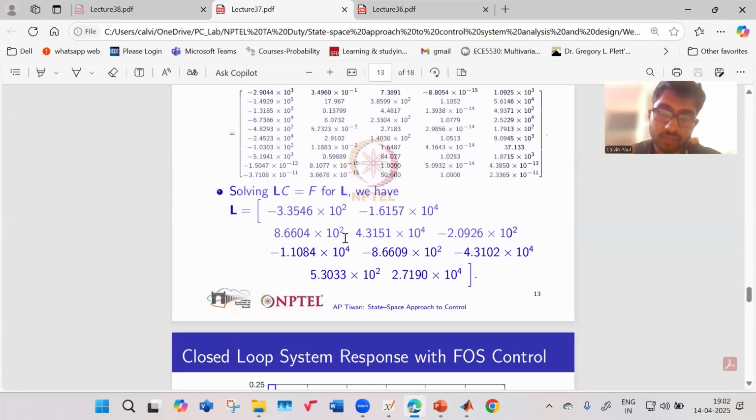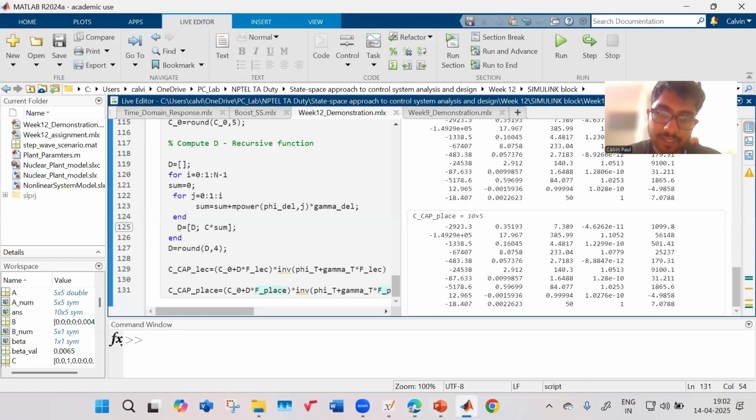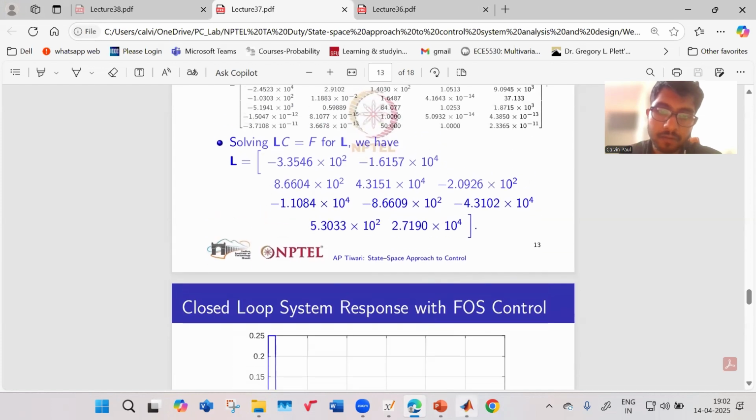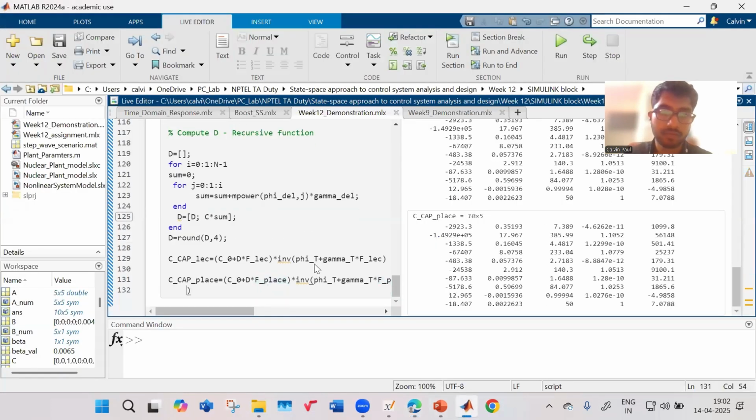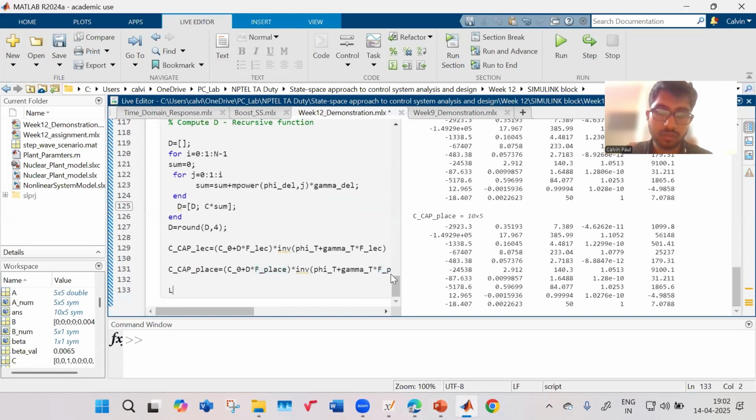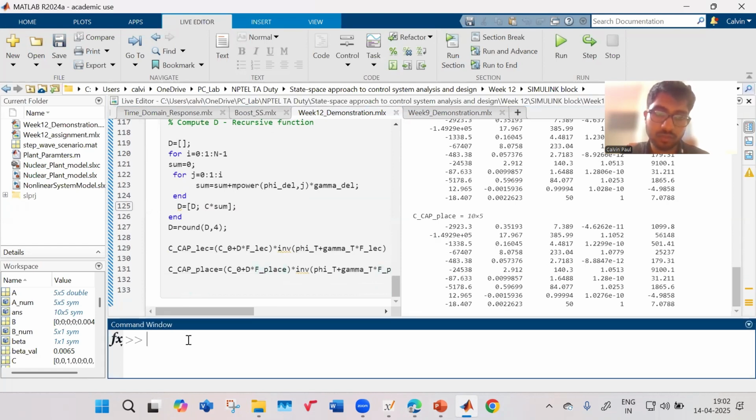Then we have to solve for LC equal to F. So to do LC, what is our L? LC equal to F. Okay. For LC equal to F, right? So we have to find the pseudo inverse.